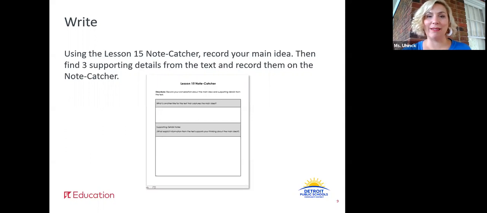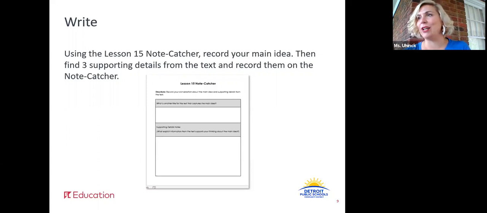Or it might say something like, even though Black women weren't as recognized as men, they were just as important in the civil rights movement, right? Because this whole article talks about the important Black women in the civil rights movement who maybe weren't as recognized as men, but were just as important. So that idea needs to make sure it's captured in that title. And then you go in the text and capture some of those explicit details that prove it.